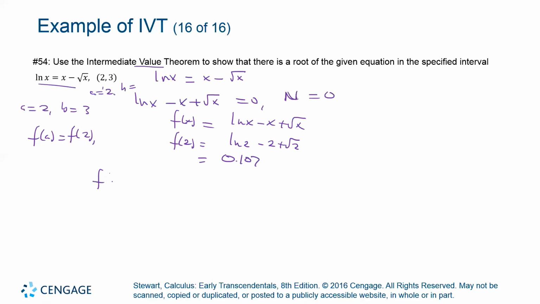Then also let us find the function value at 3, which is natural log of 3 minus 3 plus the square root of 3. Now this is equal to negative 0.169. Now, as we can see, f of a is not equal to f of b. In other words, f of 2 is not equal to f of 3.